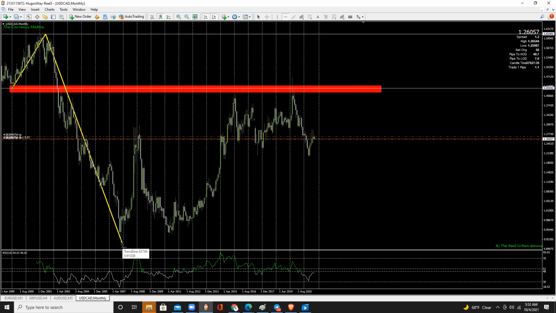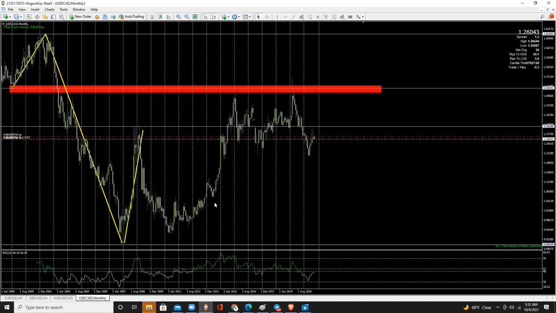Swing low. From here, we swung back up, brought us here. From here, we swung back down to here.